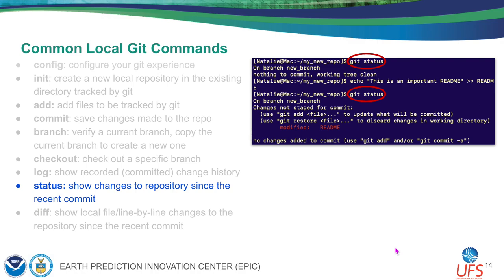The git status would show us the changes to the repository and to the branch we're currently located in since the most recent commit. So here is, for example, git status.